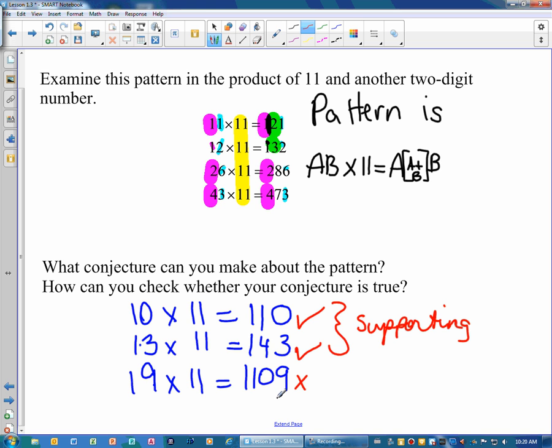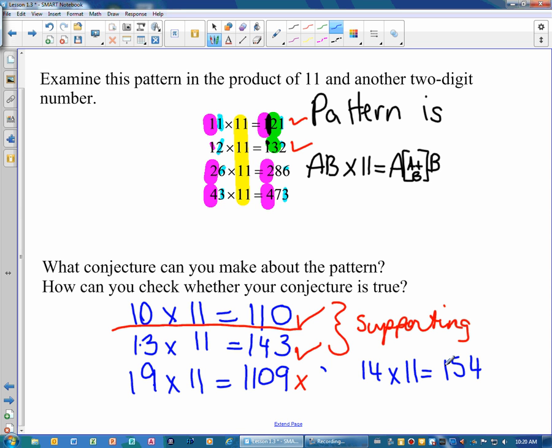So I can say that as soon as I got over 10, well, 11 worked, 12 worked, 13 worked. Ooh, let's try 14. 14 times 11 should be a 1, a 4, and a 5 in the middle.